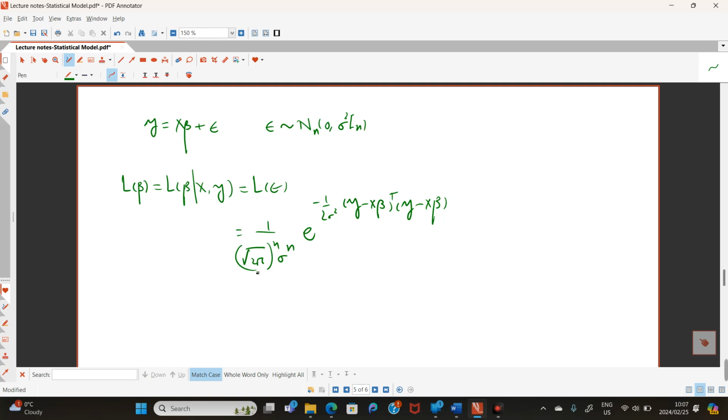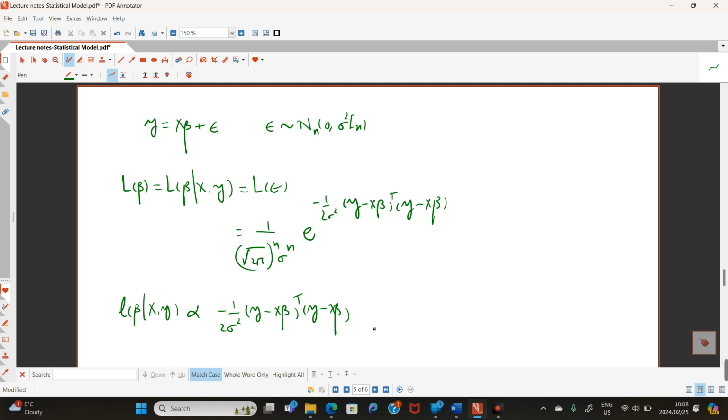For sure, since it's a monotone function, I can take the log. So the log of the likelihood is proportional to minus 1 divided by 2 sigma squared, (y minus x beta) prime (y minus x beta).